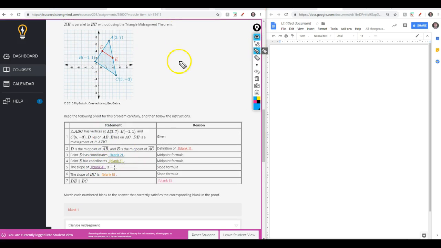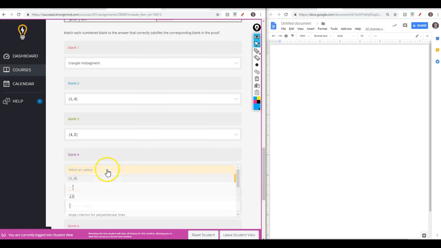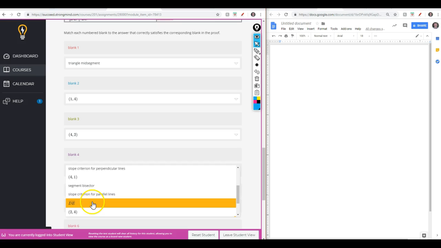From point D, remember your slope is your rise over your run. From point D, we went down 1, 2, there's the -2, and over 1, 2, 3. So yes, segment DE slope is -2/3. So that's how I would use just the clues from the statements to figure out what blank 4 is. So blank 4 is segment DE.